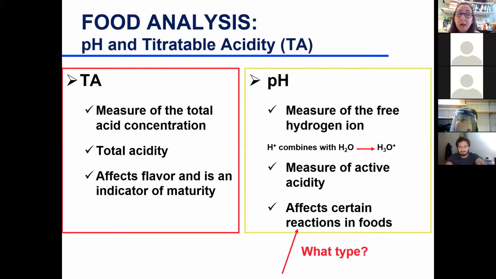So H3O plus is the hydronium ion. And that's what gets measured by the pH meter when we're measuring pH. So it's a measure of active acidity. The free protons are correlated with active acidity.